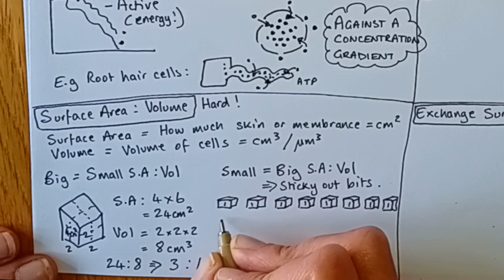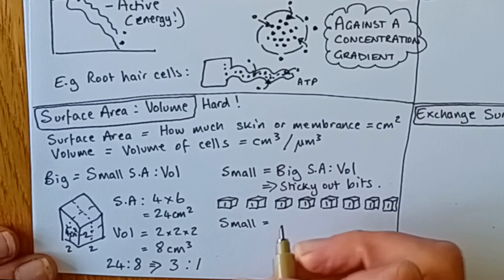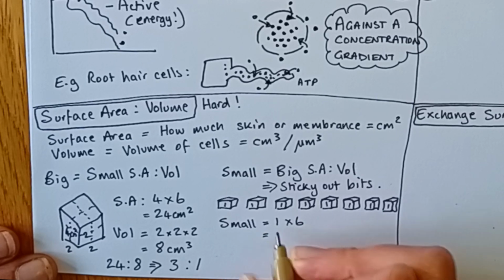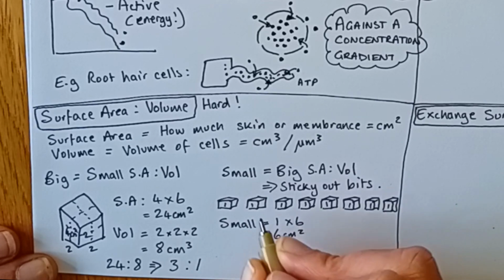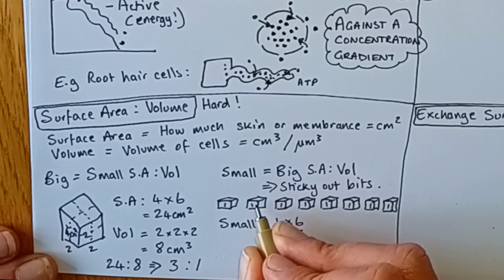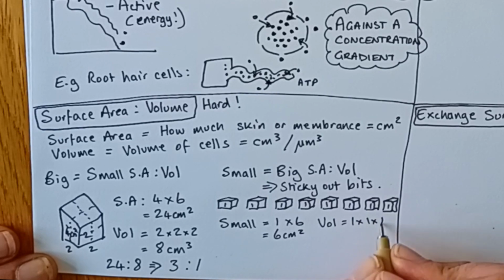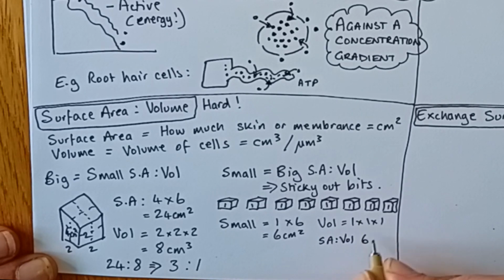So the small ones, each side is 1 centimetre squared, and there's 6 sides, which means it's 6 centimetres squared in total. The volume is just 1 because it's 1 by 1 by 1. Which means this smaller one now has a surface area to volume ratio of 6 to 1.